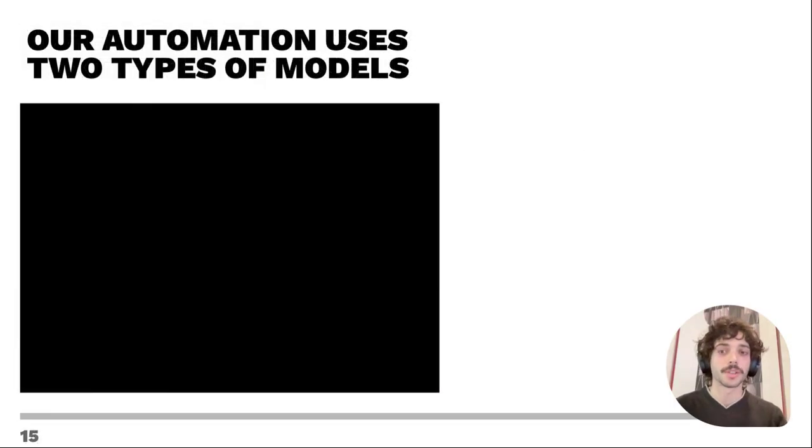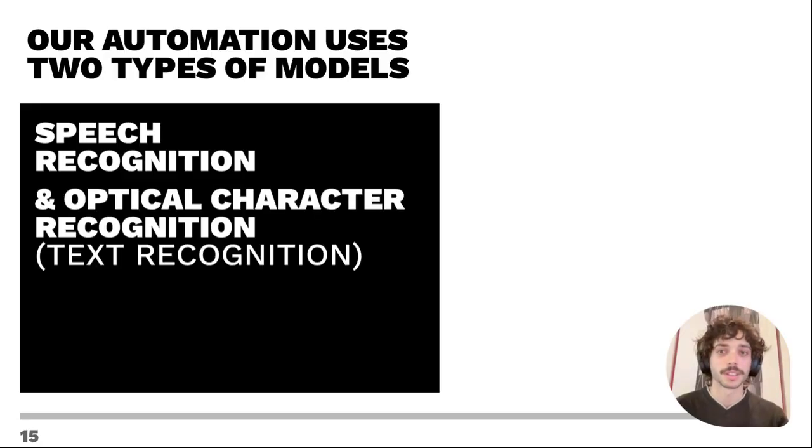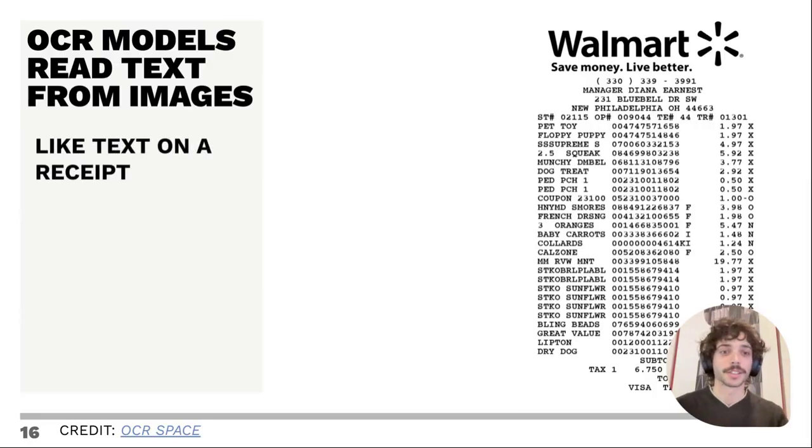Our automation uses two types of models. The first is a speech recognition model, and the second is an optical character recognition model, which can also be called a text recognition model. OCR models read text from images, like text on a receipt. Say we have this Walmart receipt, we want to get some crucial information from the lines in the receipt and store this in a database.